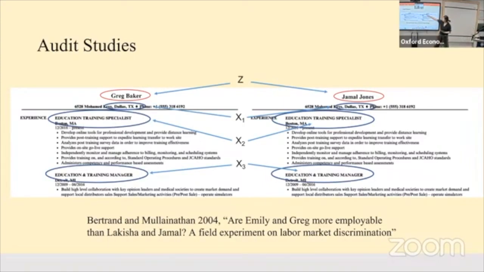Because it's natural to code up a variable tracking the name, and then it's natural to code up variables tracking educational background, technical qualifications, whatever, right? So this is the kind of implied variable set operating in the background that is justifying the setup of the experiment. To be concrete here, it's natural to select X1, X2, and X3.